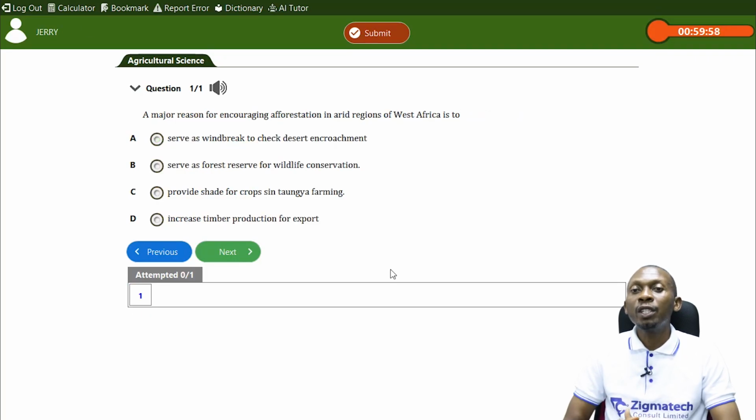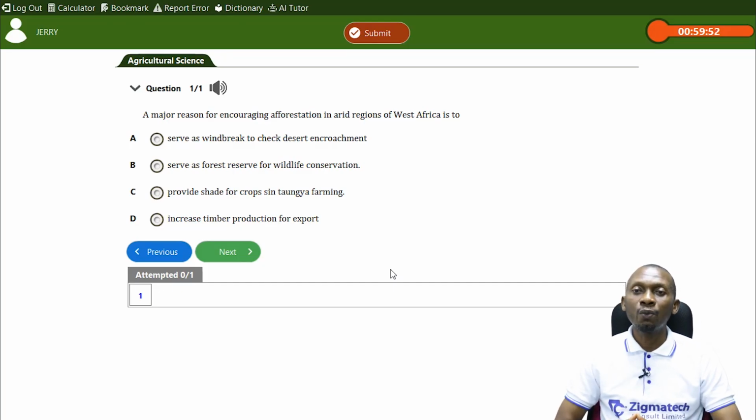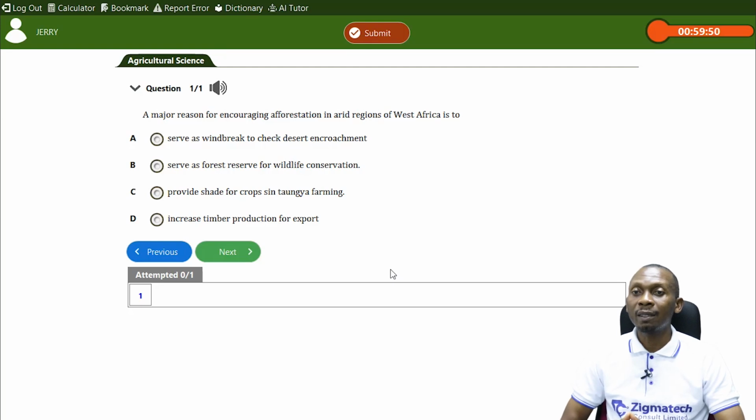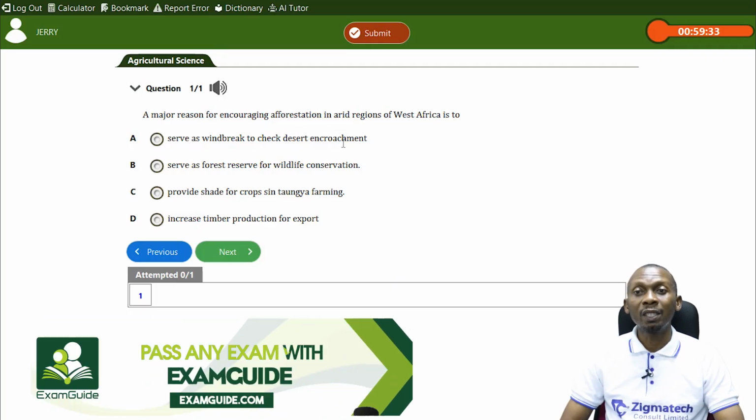This question says a major reason for encouraging afforestation in arid regions of West Africa is: A, it serves as a windbreak to check desert encroachment. B, it serves as forest reserve for wildlife conservation. C, provides shade for crops in Tonga farming. D, increased timber production for export. The question says reason for encouraging afforestation in arid regions.